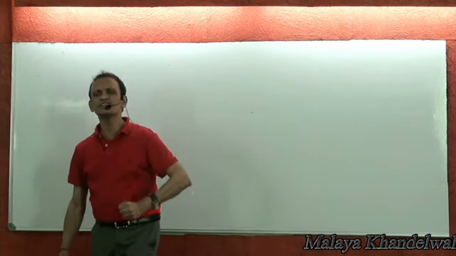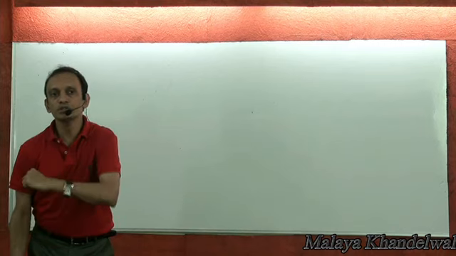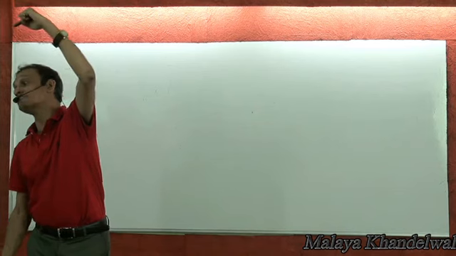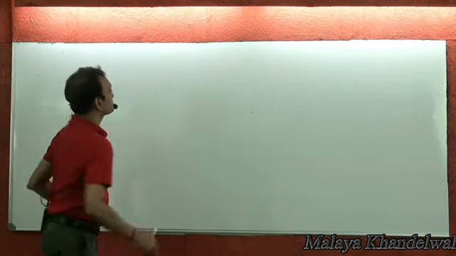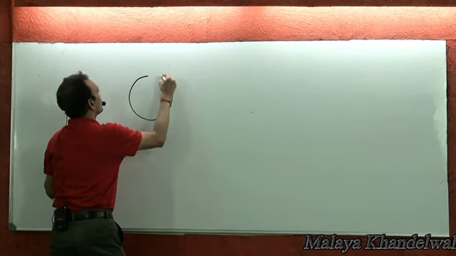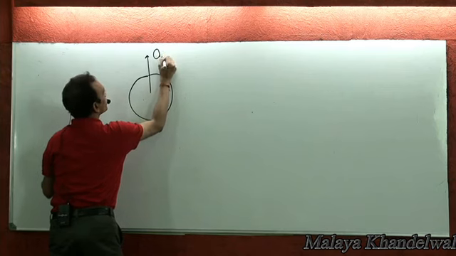Now, instead of the pulley being fixed, let's say the pulley is moved up with an acceleration A0. Say this is a pulley, and the pulley is moved up with an acceleration A0.